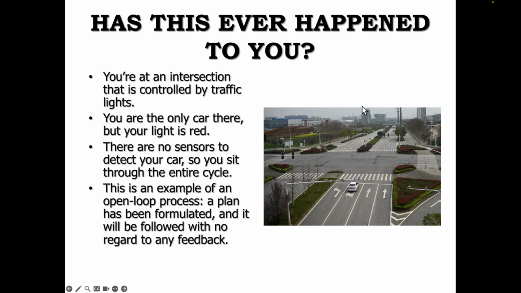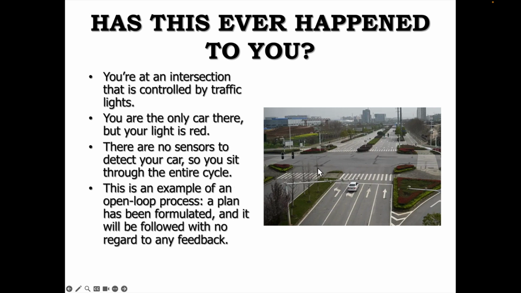Now let's take a look at this example. Has this example ever happened to you? You're at an intersection with a traffic light, and you're the only car there, but the light is red. There are no sensors to detect your car at this particular stoplight. So you sit through the entire stoplight cycle.